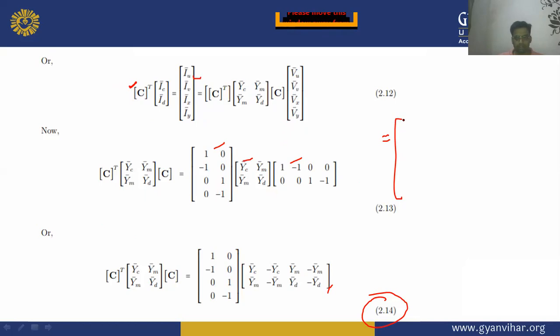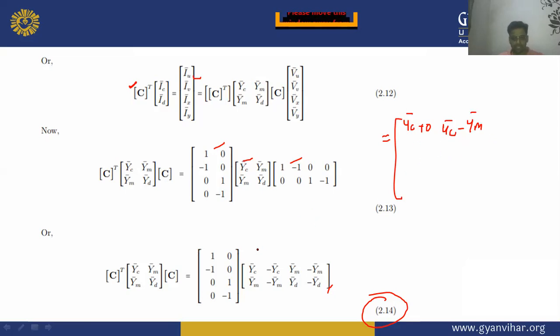It will be YC plus 0, then YC bar minus YM, and so on over here.